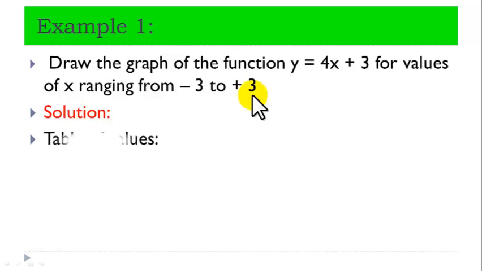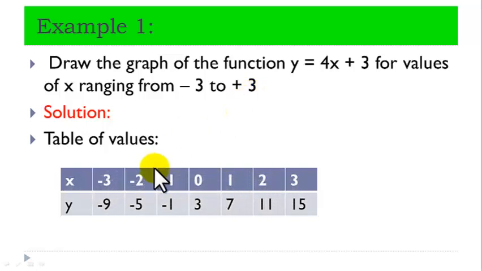So the table of values is as follows. This is a table consisting of 2 rows. The first row is for x values, while the second row is for y values. So the x values are minus 3, minus 2, minus 1, 0, 1, 2, and 3.